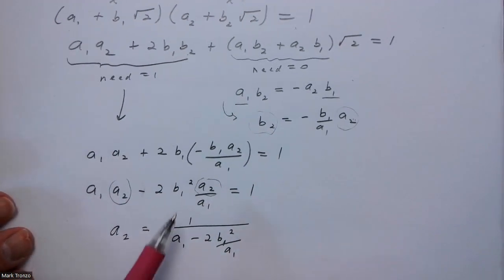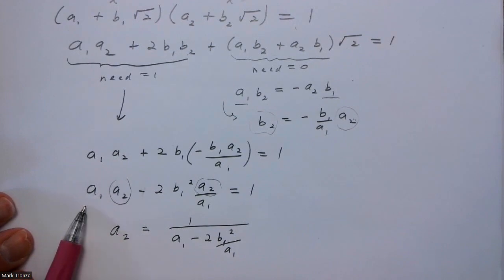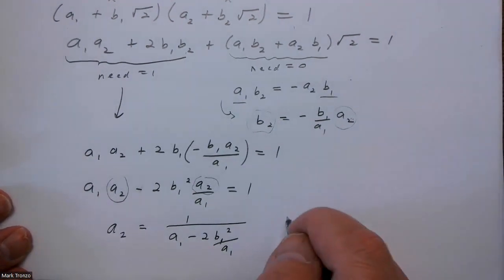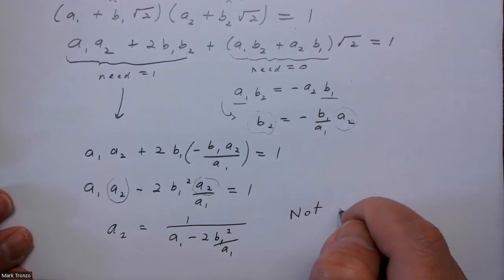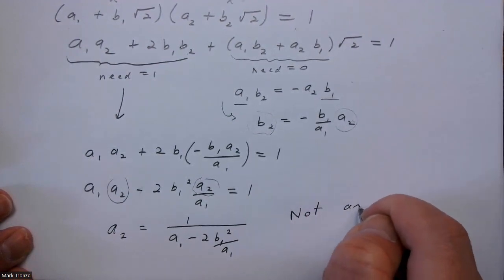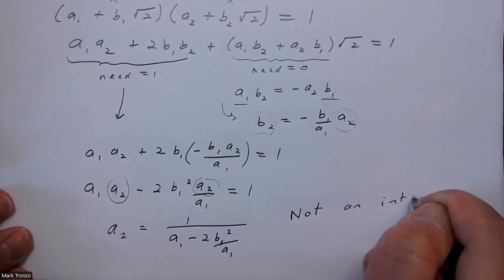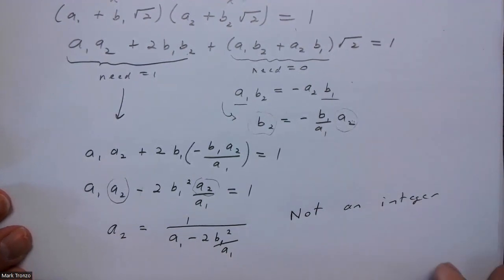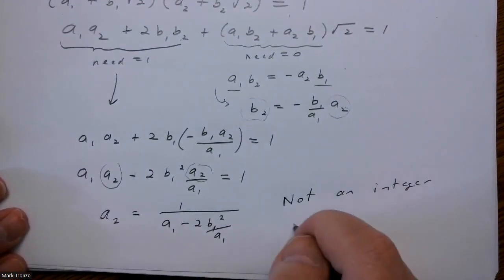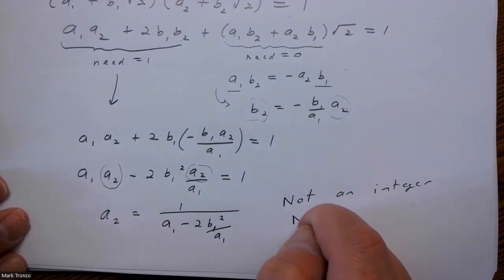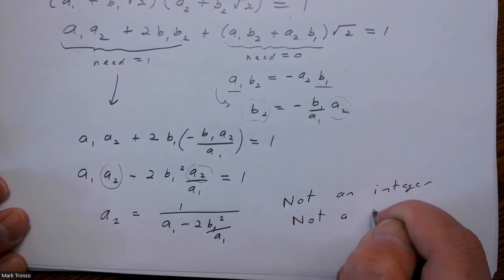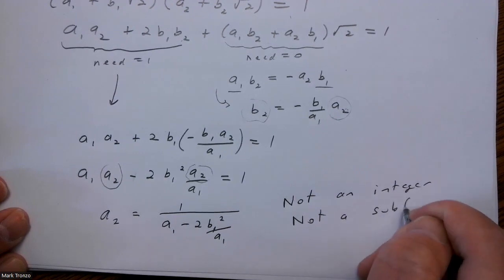I probably should put the extra step. What I did, I factored out the a2 and divided by this mess. And so obviously, this is not going to be an integer, at least not in every case. Not an integer. In fact, probably in the vast majority of cases. So this is not a field. Not a field, not a subfield.